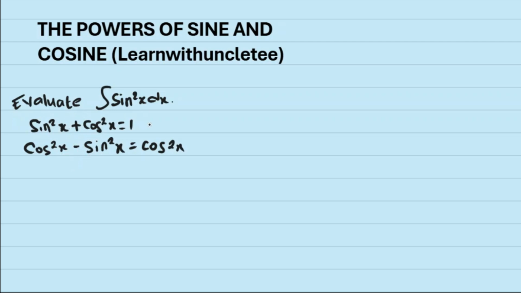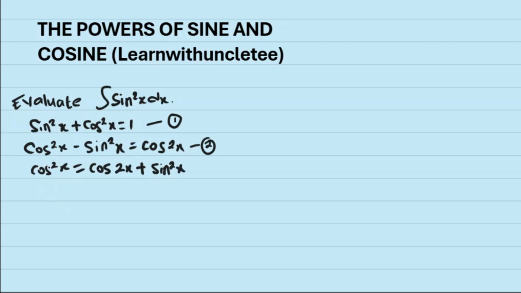Now, if we take a look at the fundamental trigonometric identity that we have, sine square x plus cos square x equals 1. If we decide to make cos square x the subject of formula from this second trigonometric identity, we are going to have cos square x to be equal to cos 2x plus sine square x.